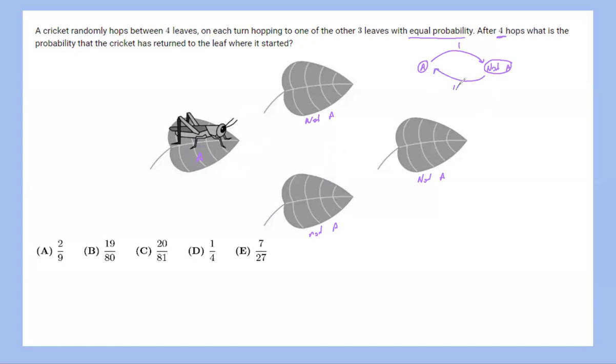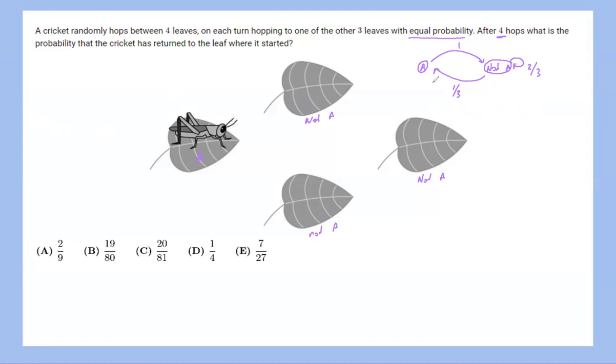Since there is equal probability, we have a one-third chance that we can go back to A. Or if we were at this leaf, then there are two other ones that are also not A. So we had a two-third possibility that we could have just ended at another not A, which is why I will say this is two-third. And this diagram is called a state diagram, which is going to be useful for writing the equation. So I hope that was clear so far.